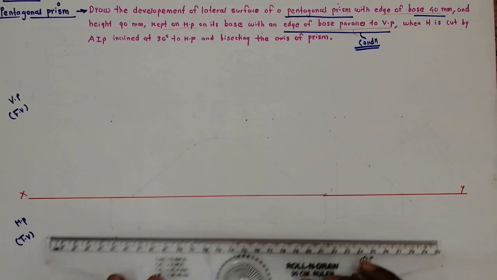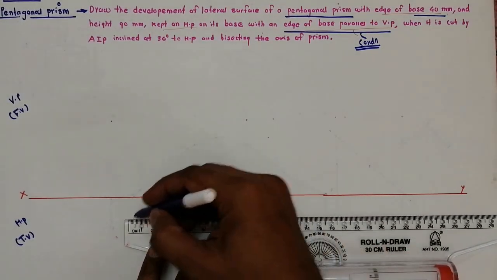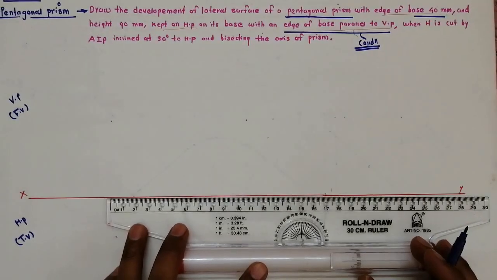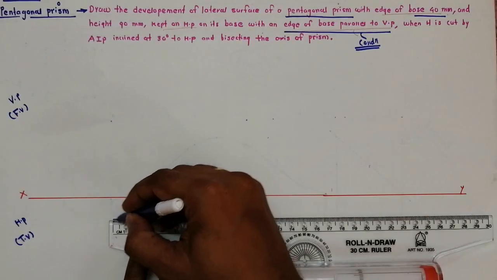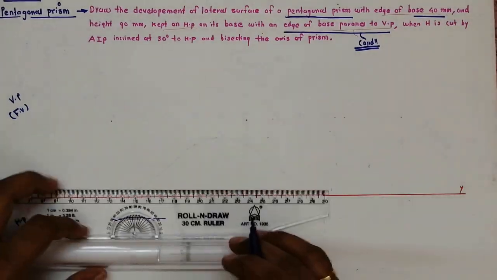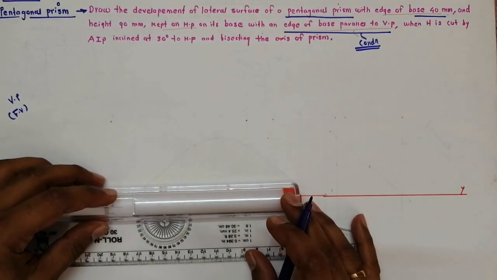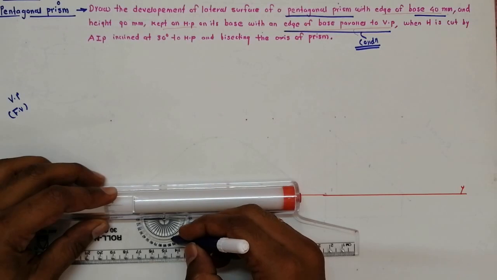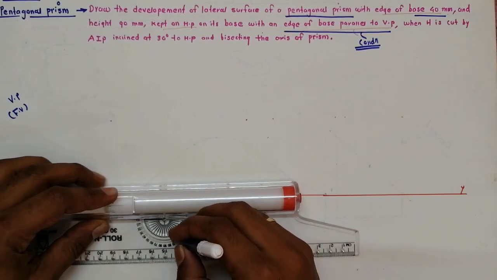The base edge is given, so this is 40. Now for the pentagon we have to take a 108 degree angle.